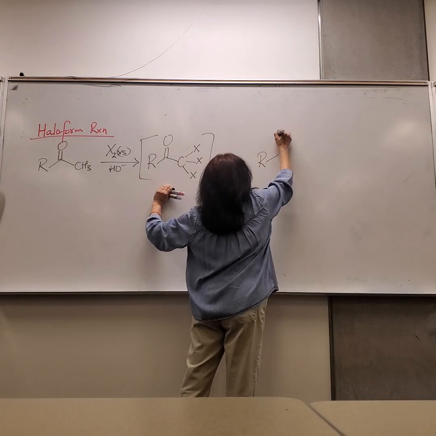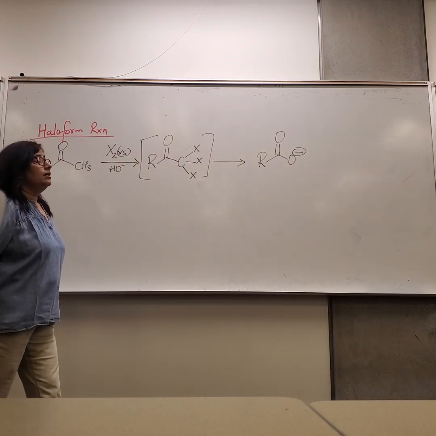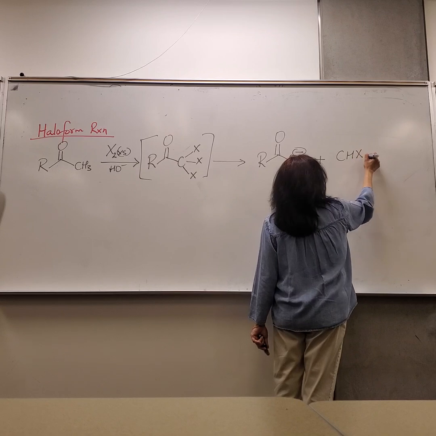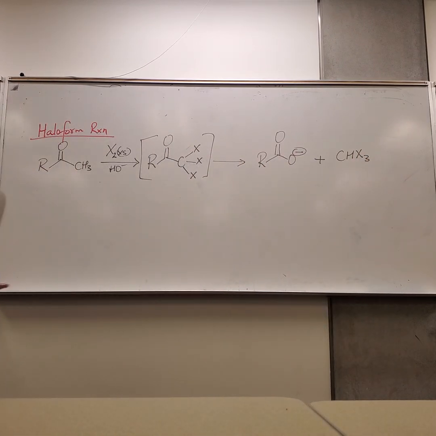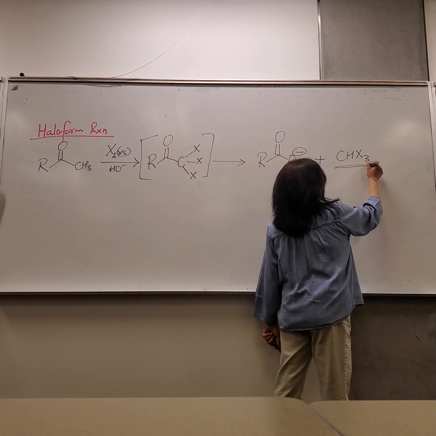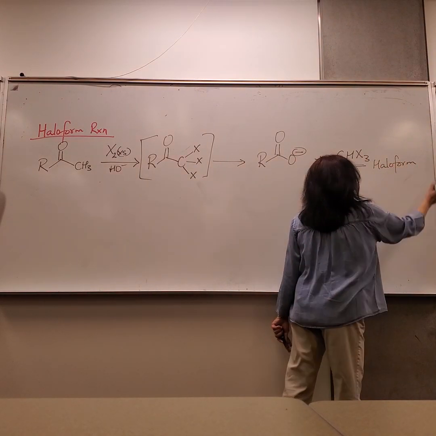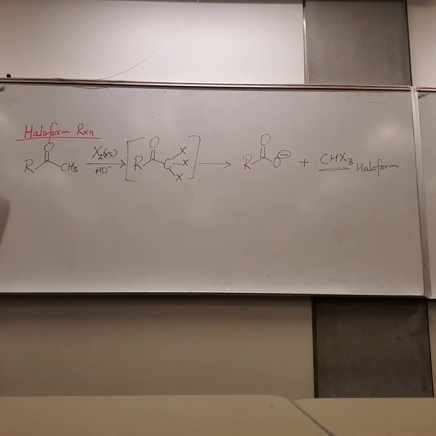It goes on and creates a carboxylate ion plus a haloform, like chloroform, bromoform or iodoform, whatever your halogen is. That's why it's called the haloform reaction, because of this byproduct, which is a haloform. Chloroform if X is Cl, bromoform if X is Br, and so on.